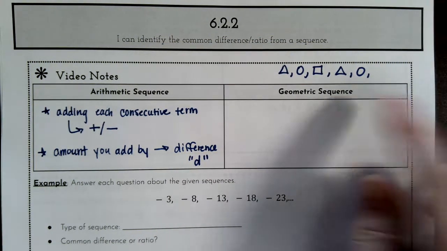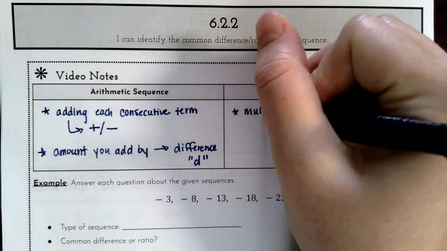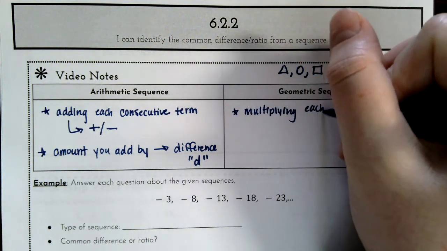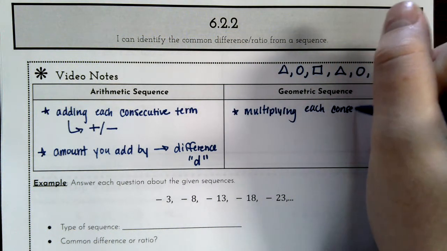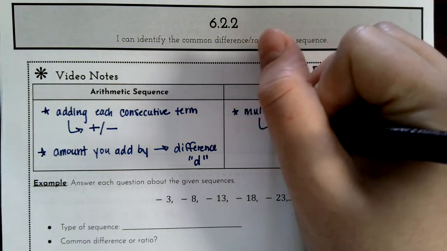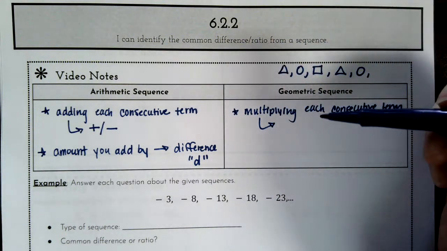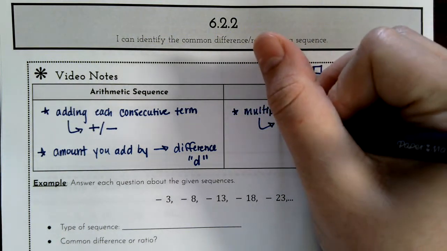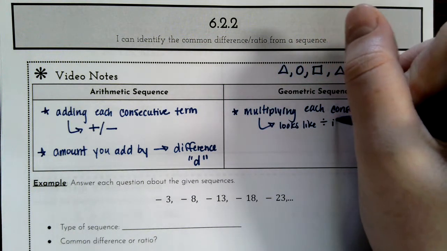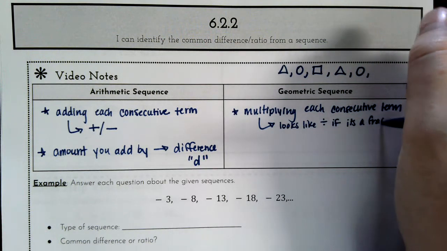A geometric sequence, on the other hand, instead of adding each consecutive term, we are multiplying each consecutive term. Multiplying can sometimes look like division, so I'm just going to write looks like division if it's a fraction.